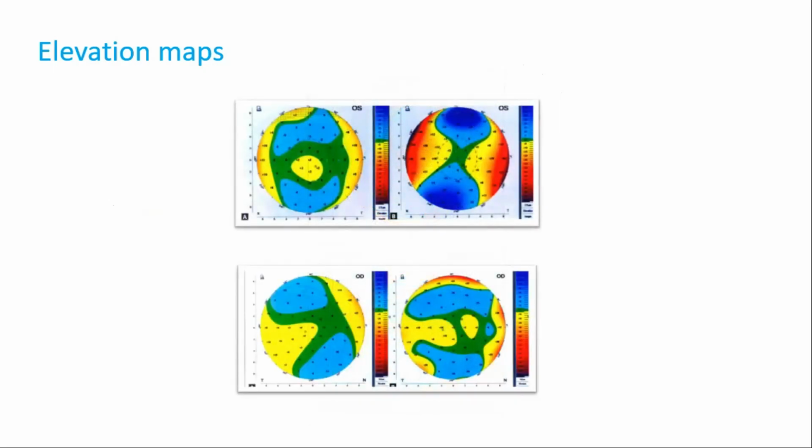Also we can assess the patterns in the elevation maps, which is not as important as looking for the numerical values. The abnormal shapes are the central island and skewed hourglass; hourglass is a normal shape, skewed hourglass is an irregular abnormal shape, and irregular patterns are definitely suspicious of keratoconus.